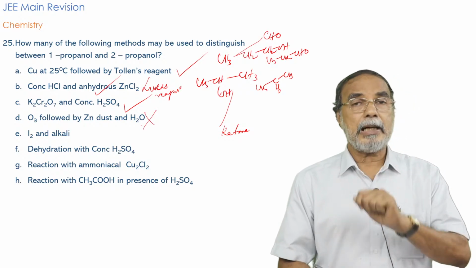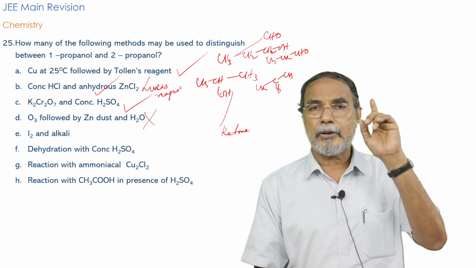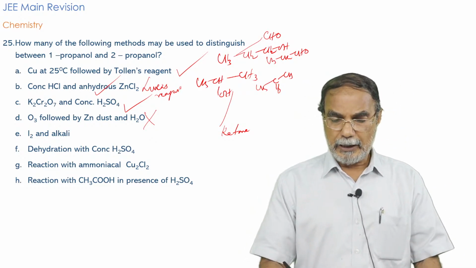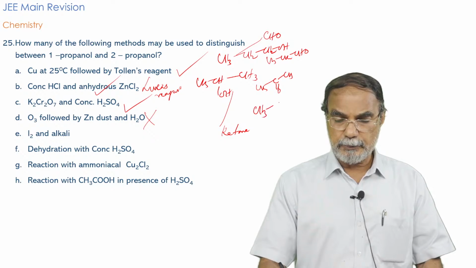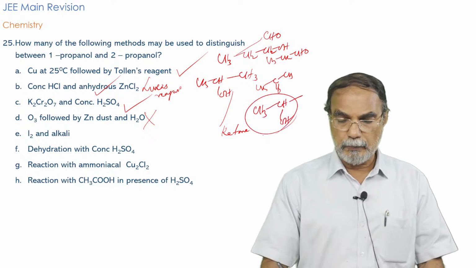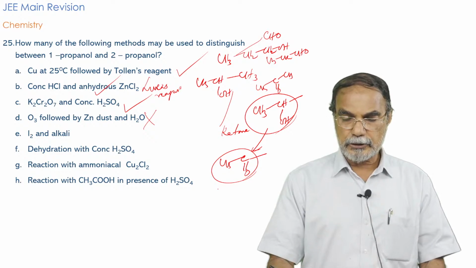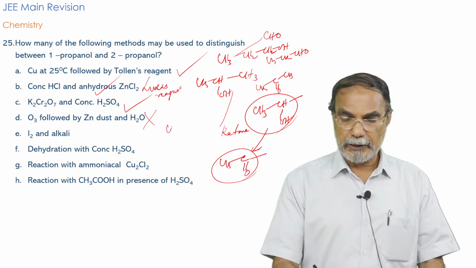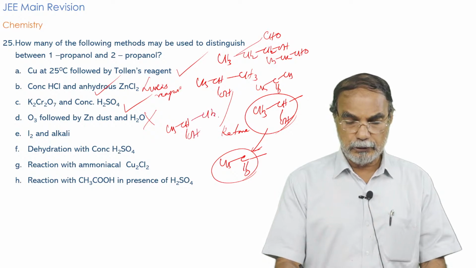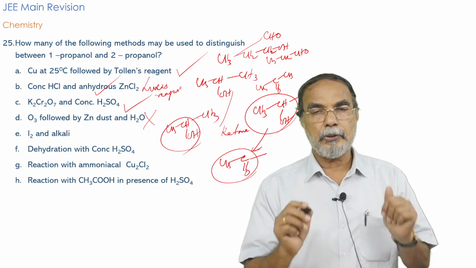And then comes iodine and alkali. It is very, very powerful. With iodine and alkali, you are reminded of the iodoform test. Iodoform test is a test which is answered by compounds which contain the CH3CHOH group or the oxidized group CH3CO. For secondary alcohol, for isopropyl alcohol, this group is there, but for normal propyl alcohol, you do not have this group.